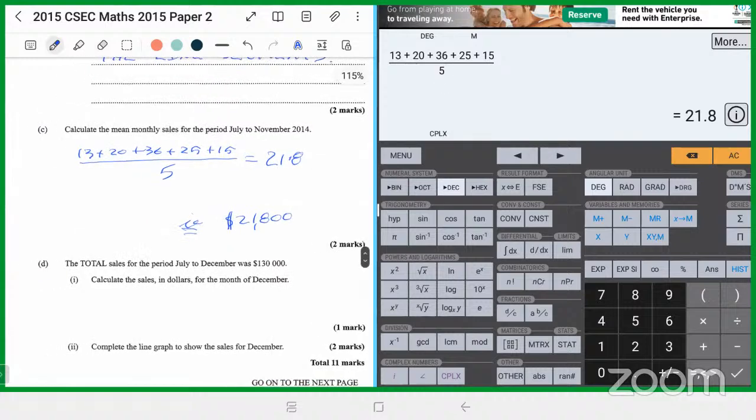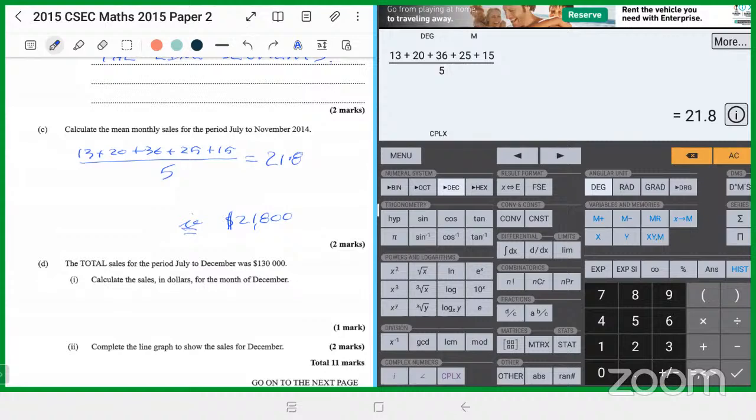All right. So the total sales through to December now is 130,000. Calculate the sales amount in dollars in December. So remember that this up here represents the total sale up to November. And now they're telling us that the total sale up to December is actually 130,000.